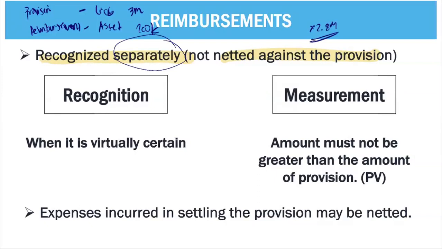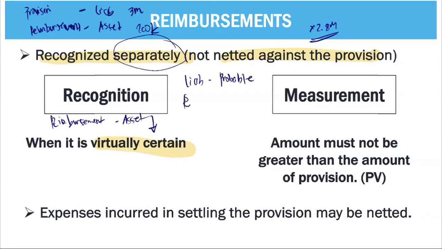How or when do we recognize it? You will only recognize this one if it is virtually certain, meaning the reimbursement as an asset will be recognized only when it is virtually certain. Why? Remember, if that is a liability, we only need the probable.